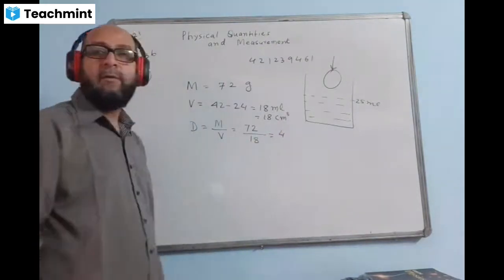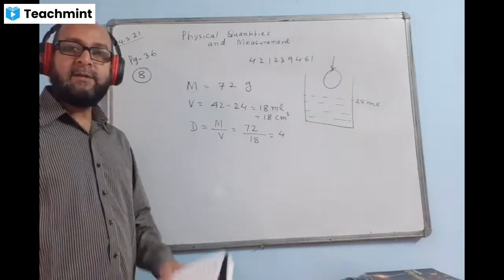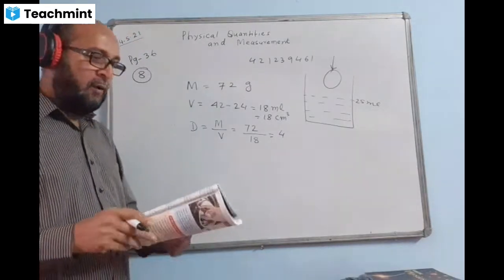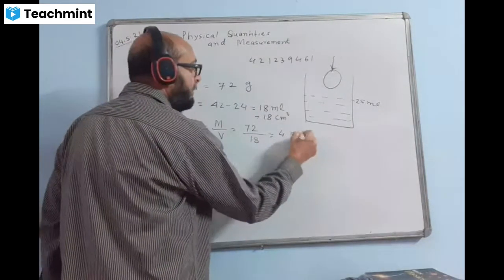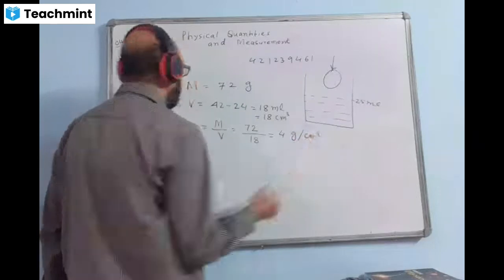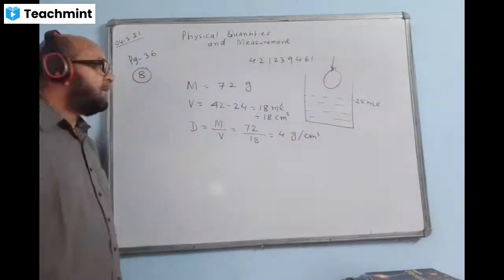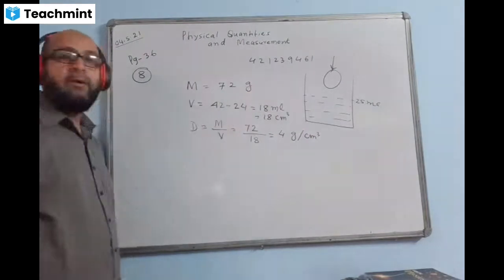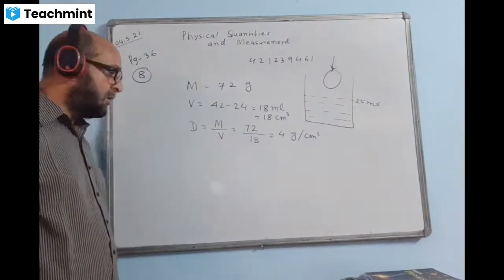The answer will come 4, 18 fours are 72, cancel it. So the answer is 4 gram per centimeter cube. Yes, good answer. Mass is in gram, volume is in centimeter cube. The answer is 4 gram per centimeter cube. So this question number 8 is solved.